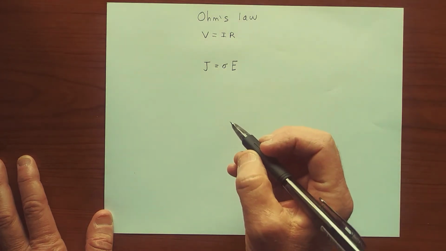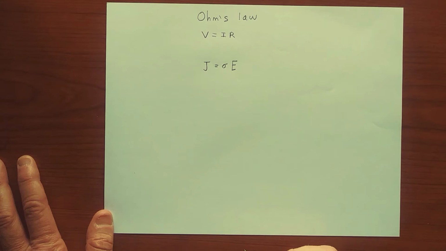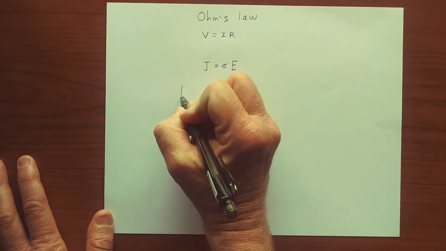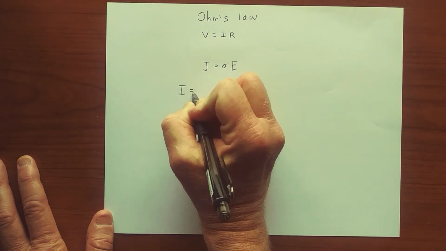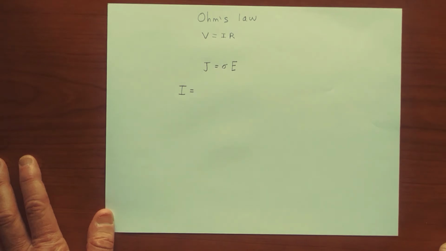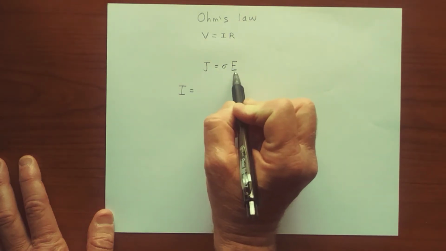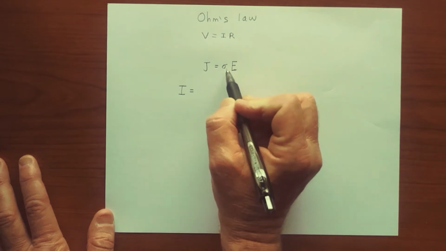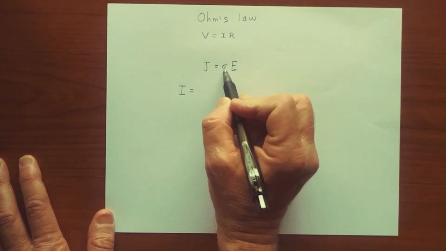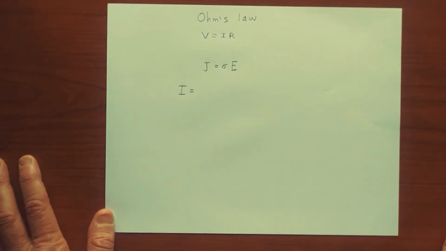So to go from current density to current, right, we have to integrate over an area to get the total current going through there. But if the current density is a constant, in this case the electric field is a constant, this is just a constant. We can assume that the medium overall has a constant sigma.